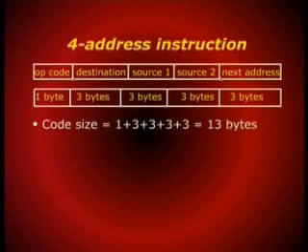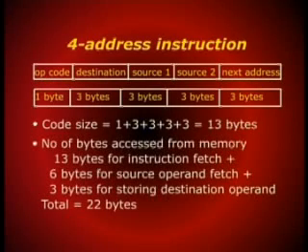Now the second important feature to be noted is the number of bytes to be accessed from the memory. This ultimately would tell us how fast the program would run.